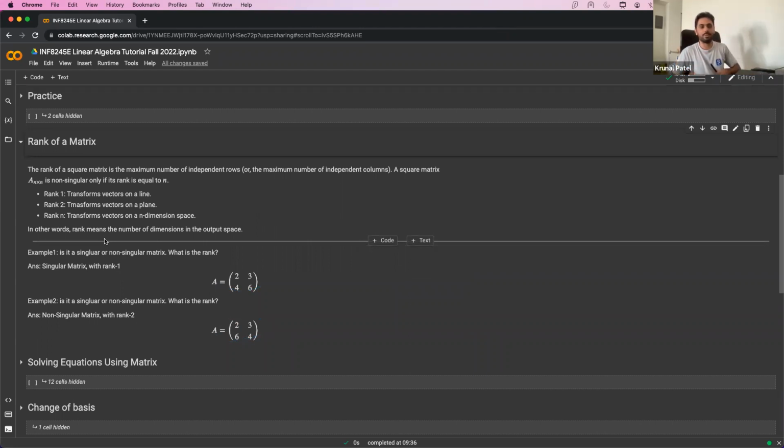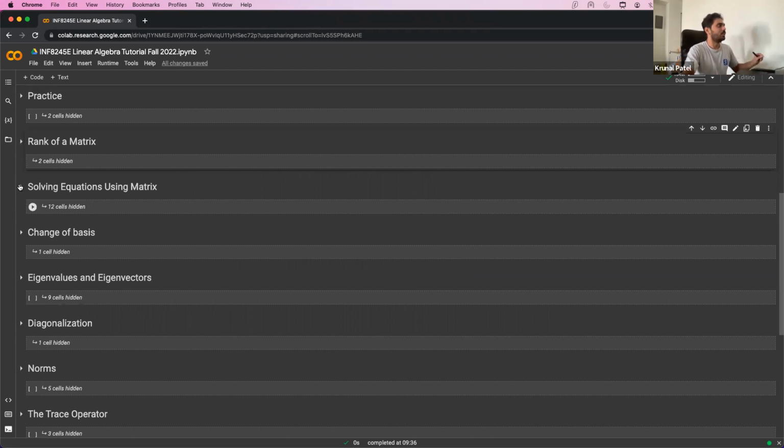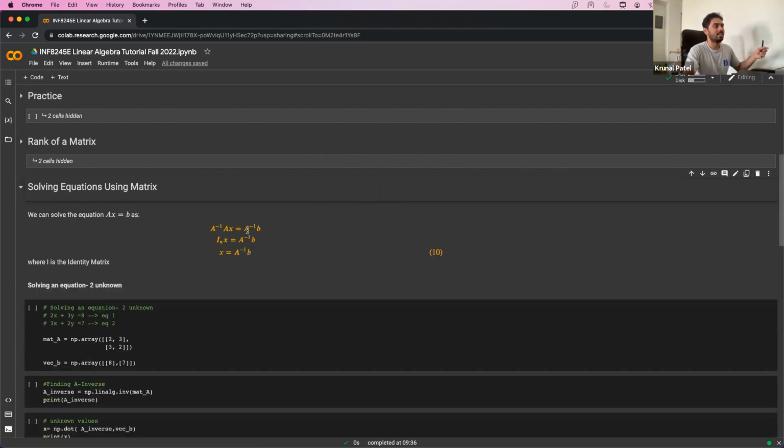It will become important when we try to solve equations using matrices. So that's our next topic. How do we solve equations using matrices? Sometimes we have this kind of an equation. When we say that we are trying to solve an equation, what exactly we are trying to solve is: I have some vector x in my original vector space, and I want to find which vector will be transformed to vector b after the transformation that is applied by matrix A. So matrix A is basically doing some transformation of the linear space.